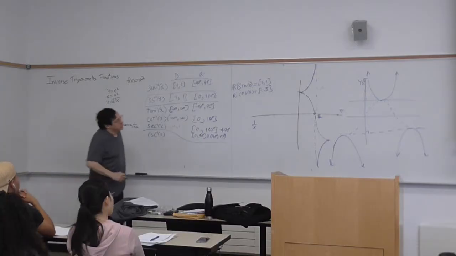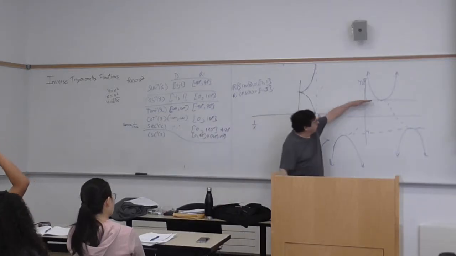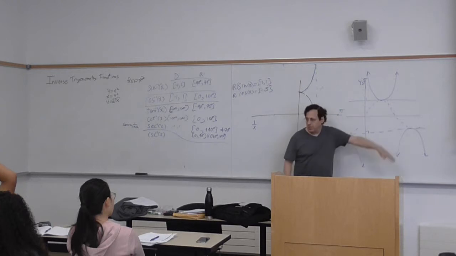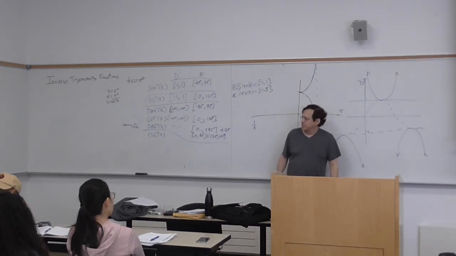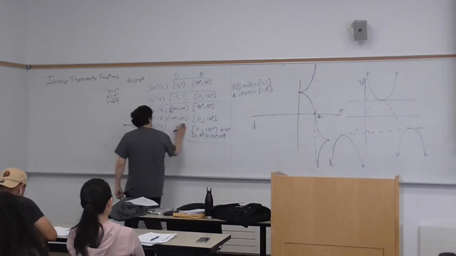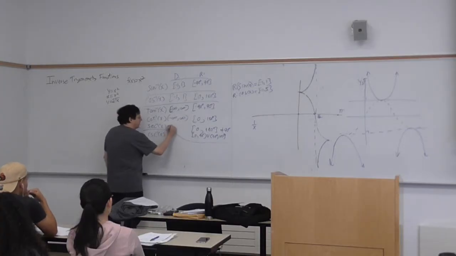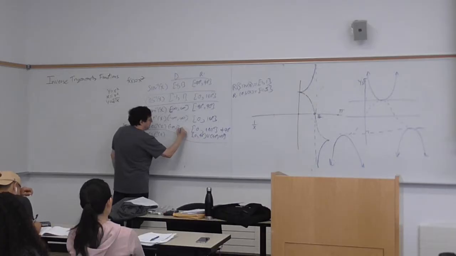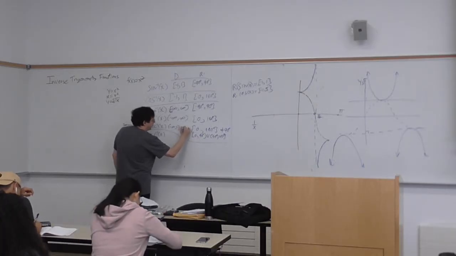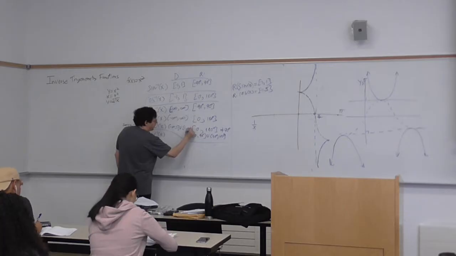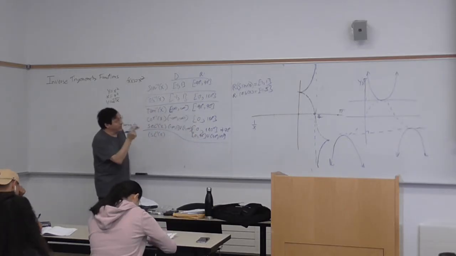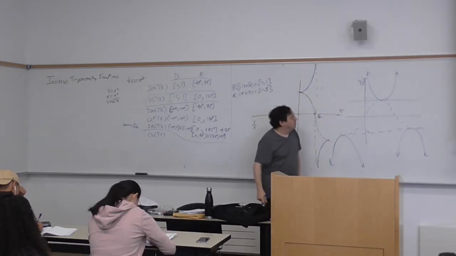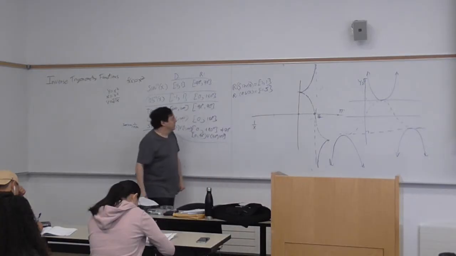No, it's not negative. No offense. It's not -1 to 1. It's not in here. It's everything but -1 to 1. It's negative infinity to -1, and 1 to infinity. Okay, so that's the range of the secant and the cosecant function.